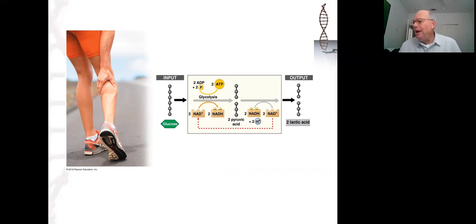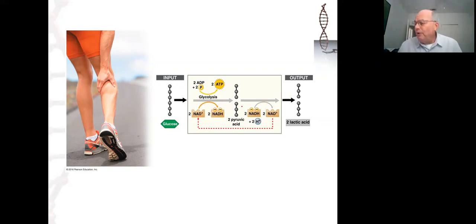So here we have glycolysis occurring, and you can see that we're producing ATP, but in order to be able to do that, we need to be able to reduce NAD+ to NADH. That's the first step that must take place before you can make ATP. You've got to do the reduction of NAD+ before you can make the ATP. So we really do need NAD+ available.